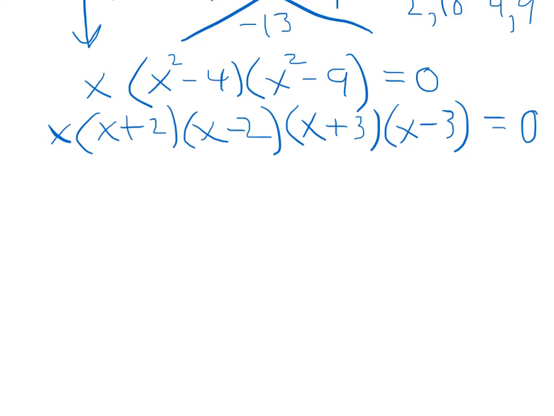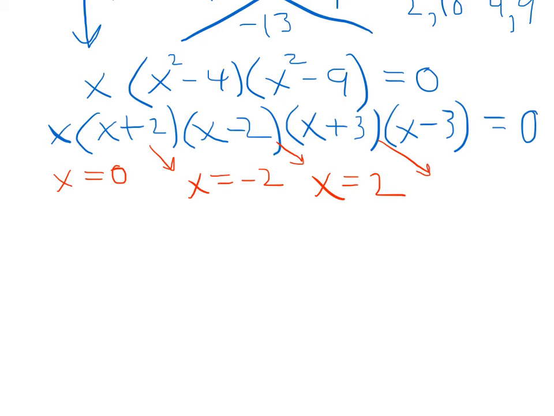So let's see what happens here. If we say x is 0, well, then x equals 0. If we say x plus 2 equals 0, then x must equal negative 2. And for this next one, if x minus 2 equals 0, then x could equal 2.